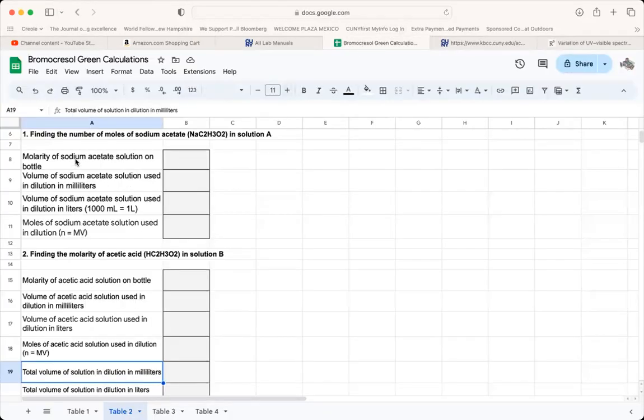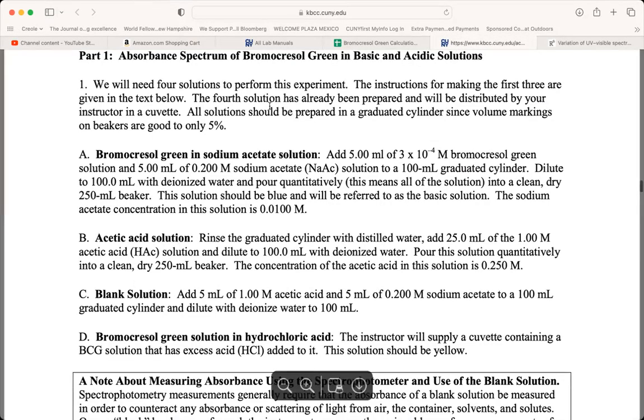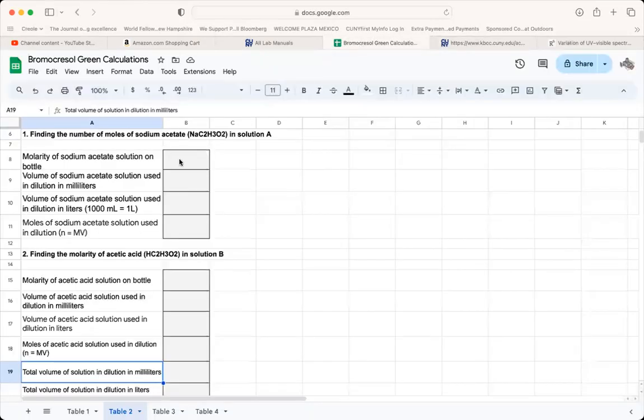For solution A, the first thing we need is the molarity of the sodium acetate solution that's on the bottle. Okay, so we're going to add to the bromocresol 5 milliliters of 0.200 molar sodium acetate, right? So 0.2 molar.